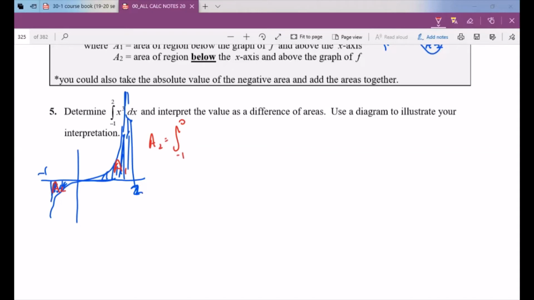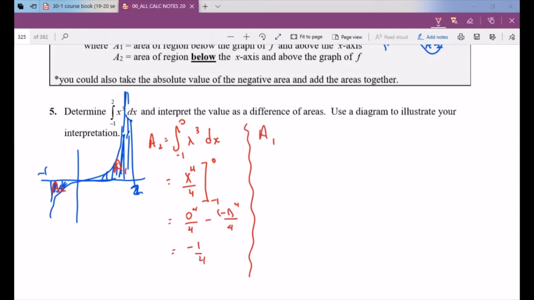Integral going from left to right, from -1 to 0, of x cubed dx is equal to x to the 4 over 4, from -1 to 0. So this ends up being 0 to the 4 quarters minus -1 to the 4 over 4, which ends up being -1/4. That's the area of A2.